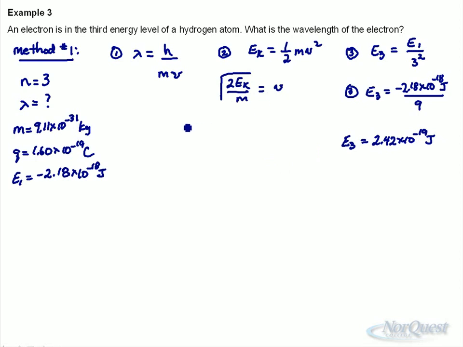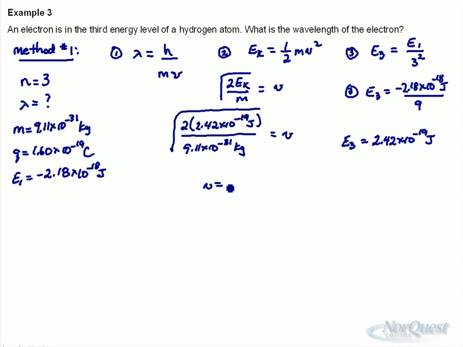Put that in: 2 times 2.42 times 10 to the negative 19 joules divided by 9.11 times 10 to the negative 31 kilograms. Take the square root. That equals velocity.